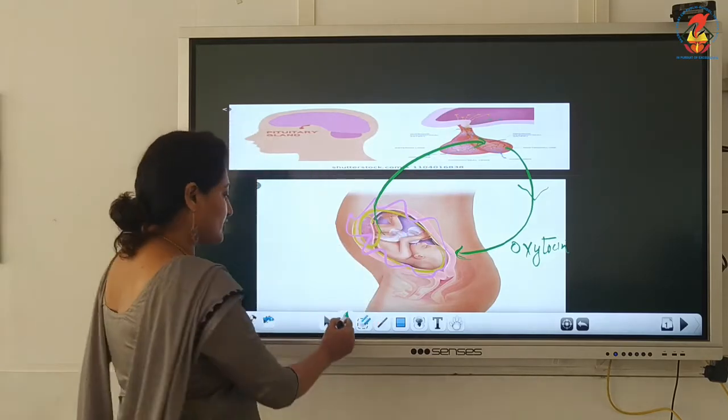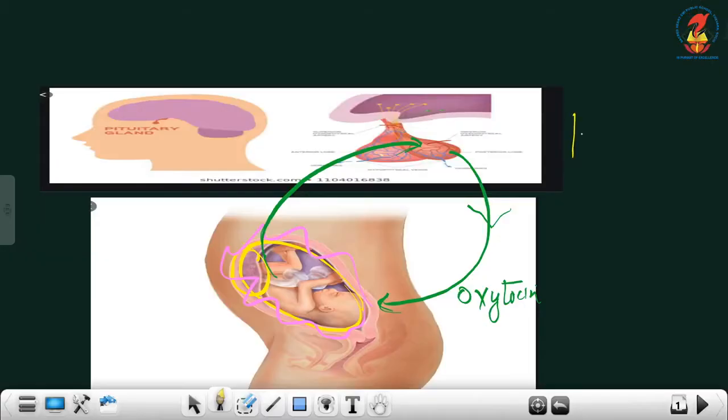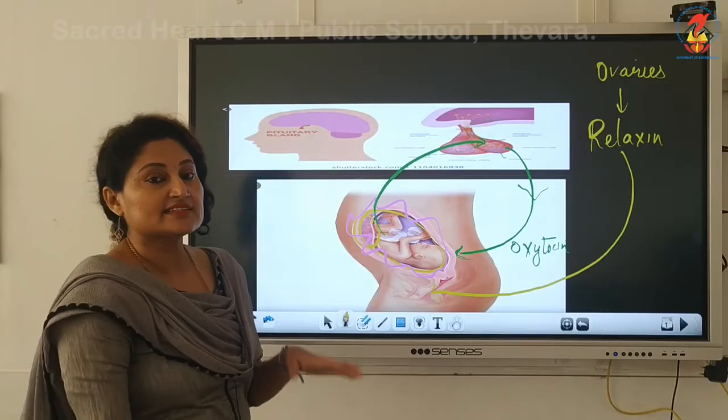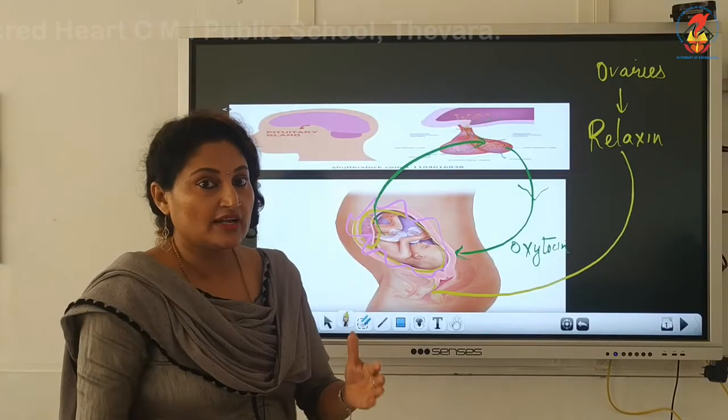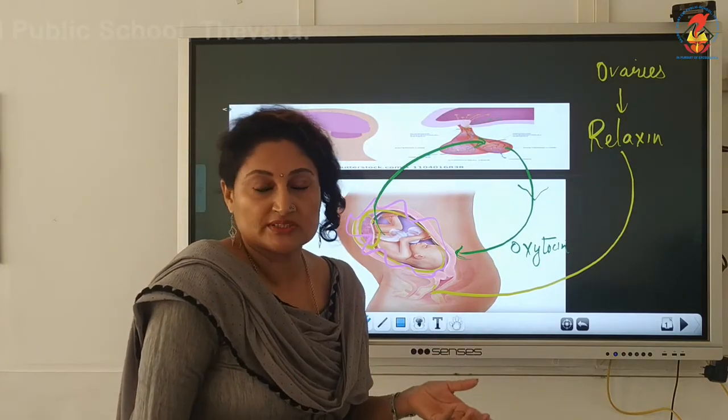Now, another very important hormone is necessary for the baby to come out, that is, as I mentioned, relaxin. Relaxin is released from the ovaries, and the role of the relaxin, as the name suggests, is to relax the thigh muscle or to relax the pubic symphysis. We have learnt in 11th standard what is pubic symphysis.